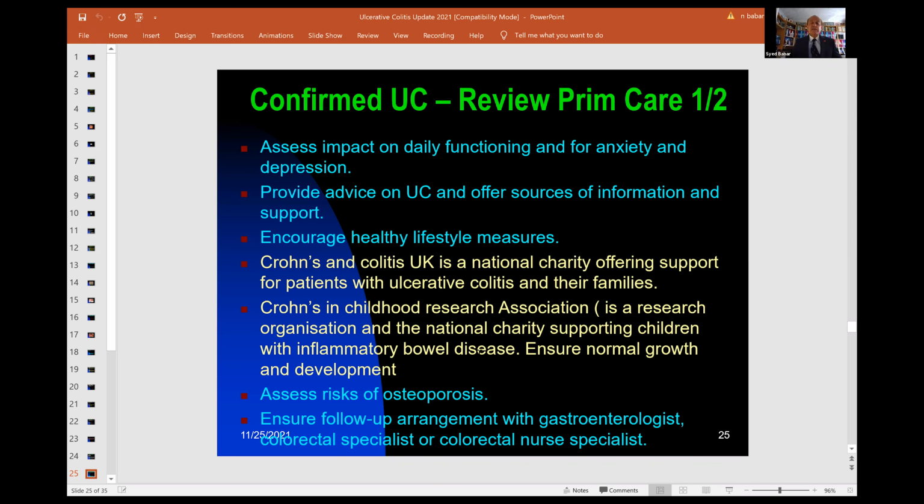They have email system, online information, and they also send written information about management. One should assess about osteoporosis, particularly developing as a result of treatment, and that there is continuity of gastrointestinal specialist following up, either directly or through the colorectal nurse specialist.